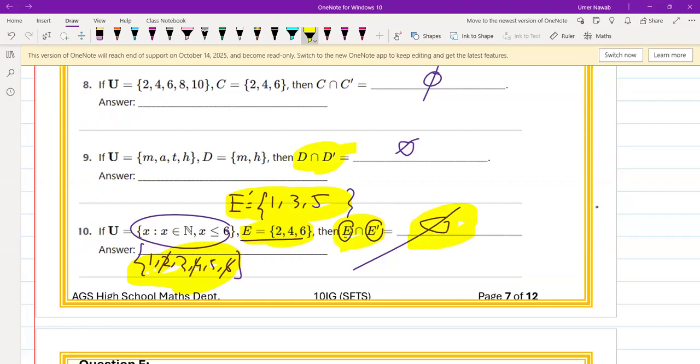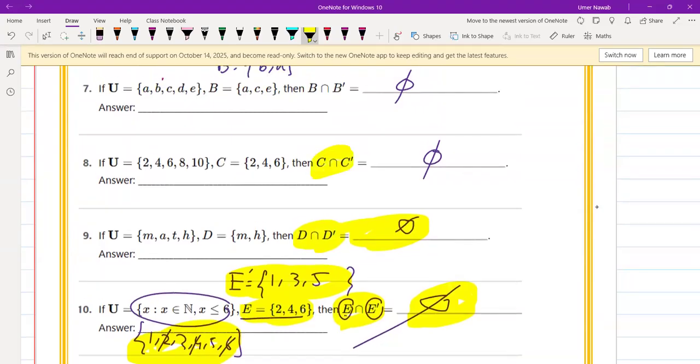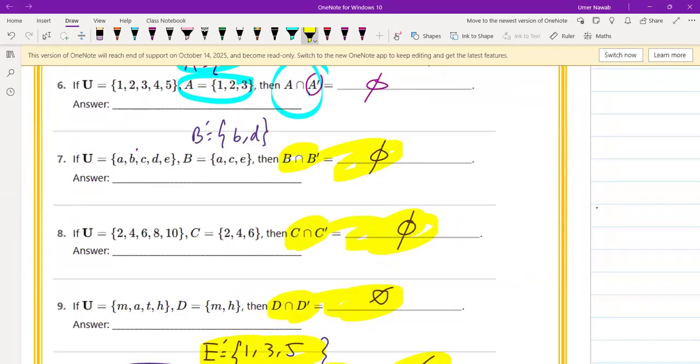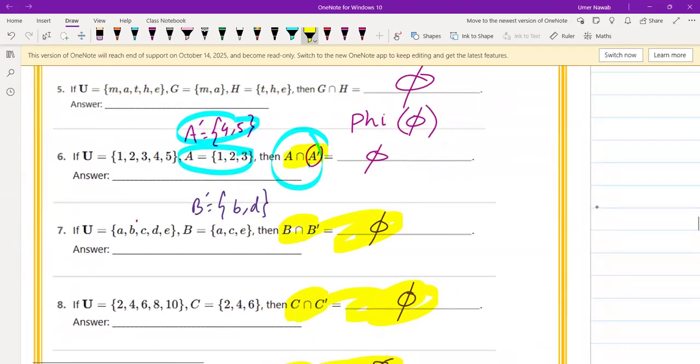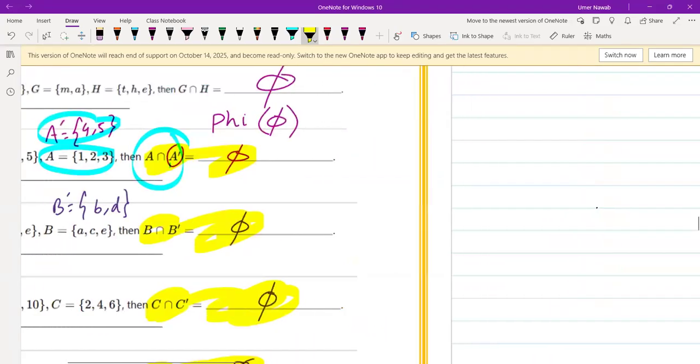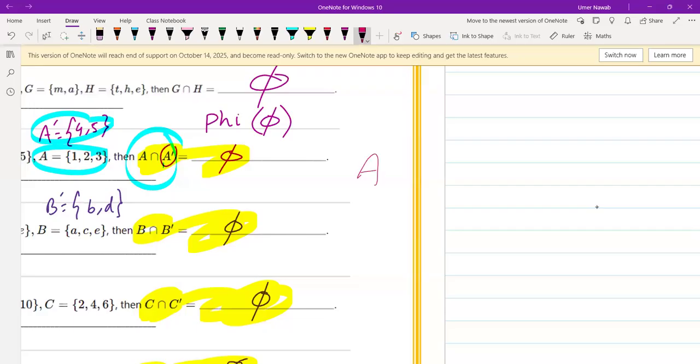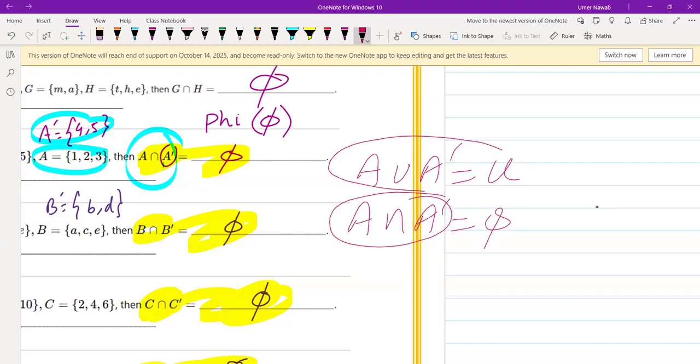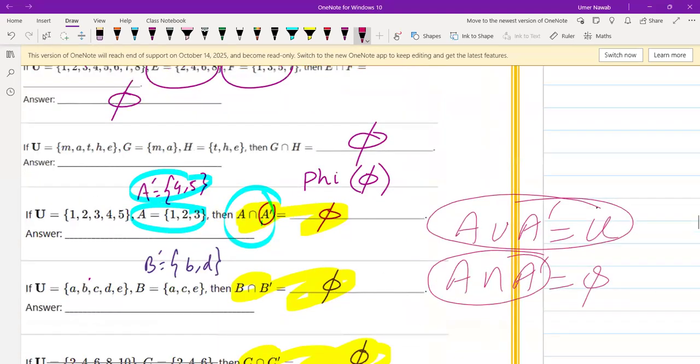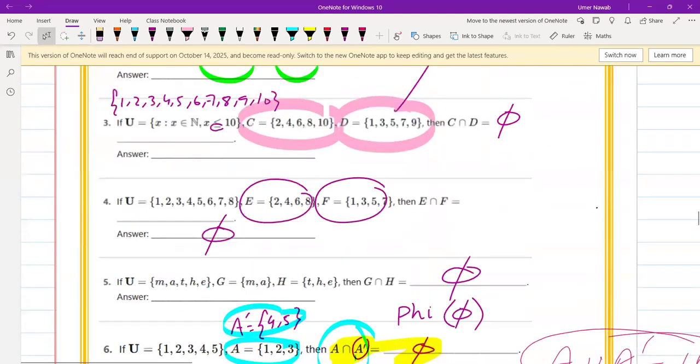So D intersection D complement is always phi without looking into the set. C intersection C complement is phi. B intersection B complement, it's phi. A intersection A complement, it's phi. But be careful, guys. If I'm saying A union A complement, that is the universal set. But A intersection A complement is phi. So intersection is nothing, but their union is always giving you the universal set.